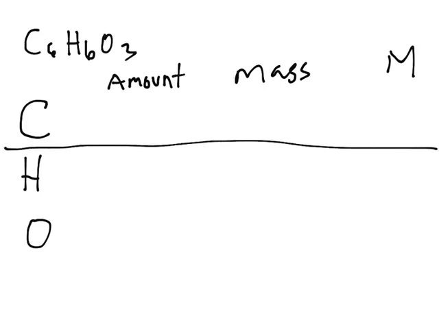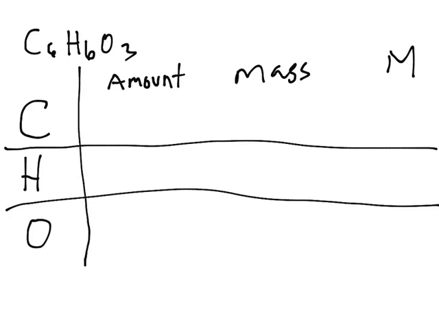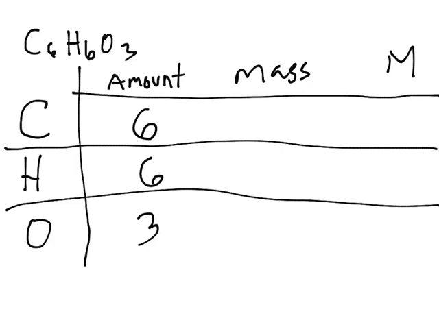So we have 6 carbons, 6 hydrogens, and 3 oxygens. Then the mass of carbon is about 12.01, hydrogen is roughly 1, and oxygen is 16.